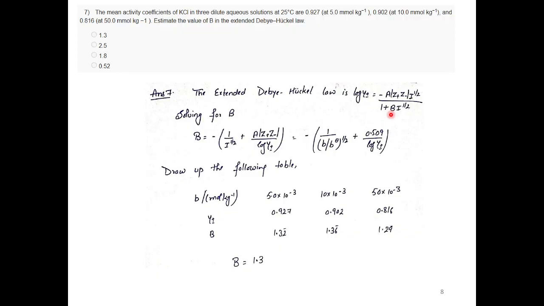From there, b equals minus 1 by root I plus A z plus z minus by log gamma plus minus, because I is b by v0, right? So this way you have to find it out.